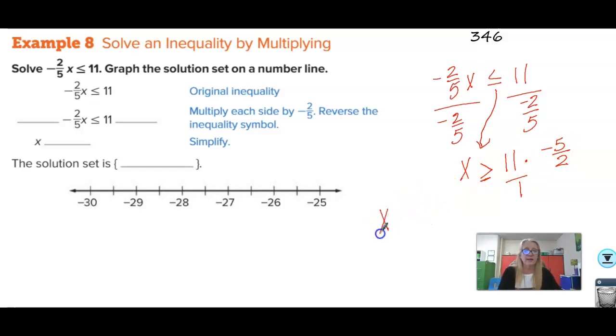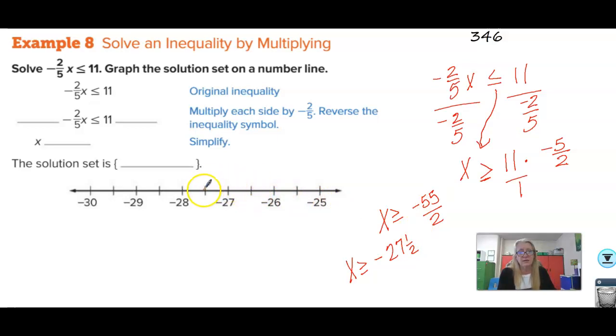So we get x is greater than or equal to negative 55/2, which apparently they want us to change to an actual number. Well, 54 divided by 2 would be 27. So x is greater than or equal to negative 27 1/2. So where is negative 27 1/2?